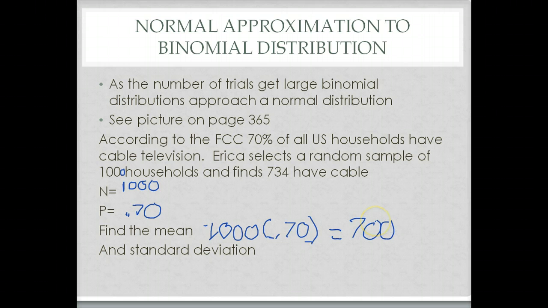To find the standard deviation, we multiply n times p, 0.7, times 1 minus p. 1 minus 0.7 is 0.3, and take the square root. So 1,000 times 0.7 times 0.3 is 210, and we'll go ahead and take the square root.